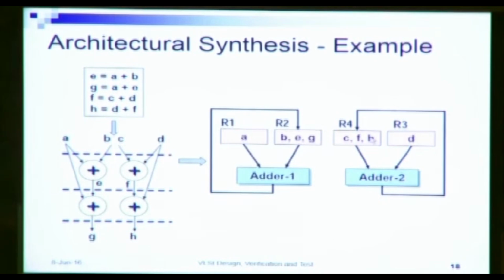And then F and D are driven at time step 2 to adder 2 again, and the output H is produced, which goes back to R4. So at the end of time step 2, we have G and H in registers R2 and R4, and that correctly implements the behavior that we want to have.